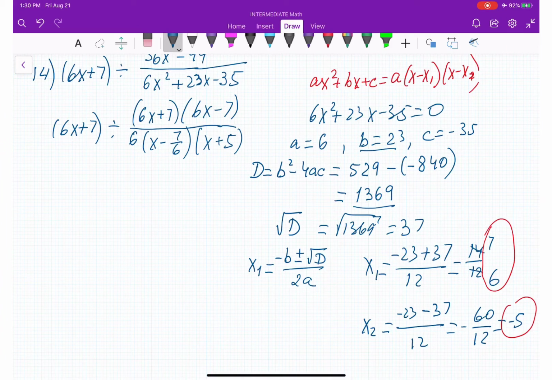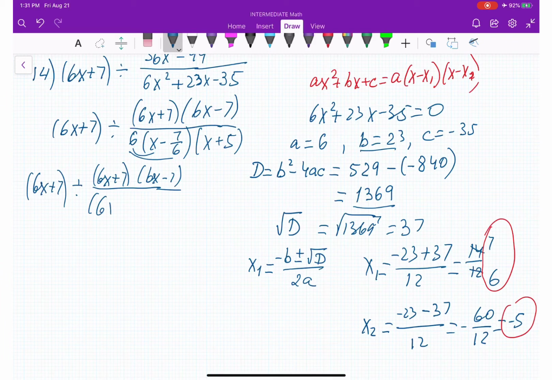So this is going to be 6x plus 7 divided by 6x minus 7, and here I distribute, right?